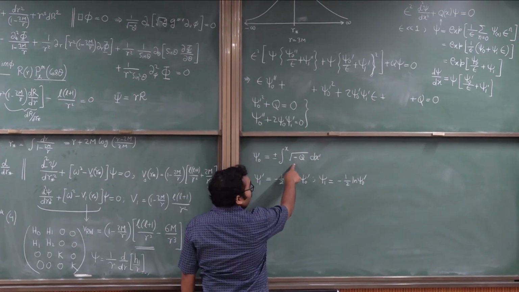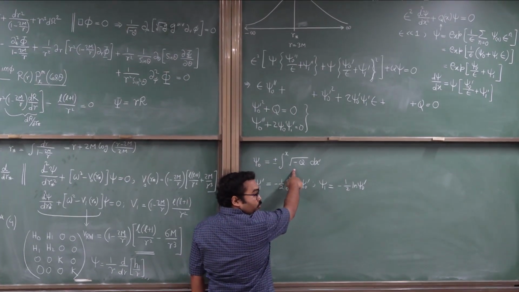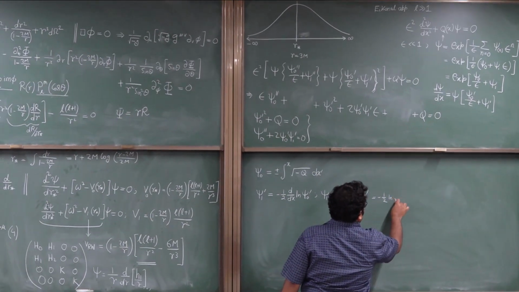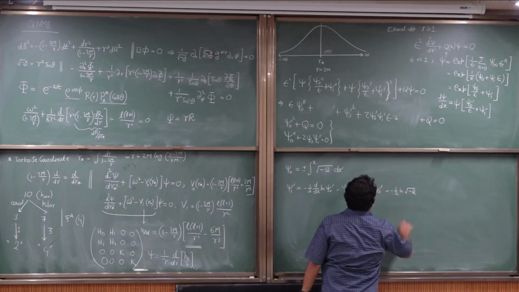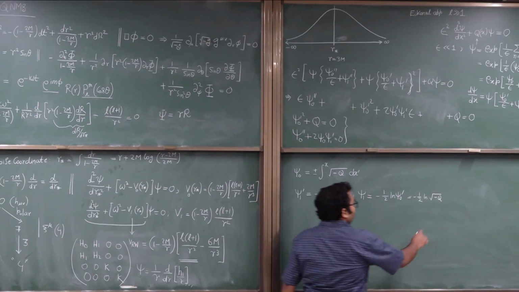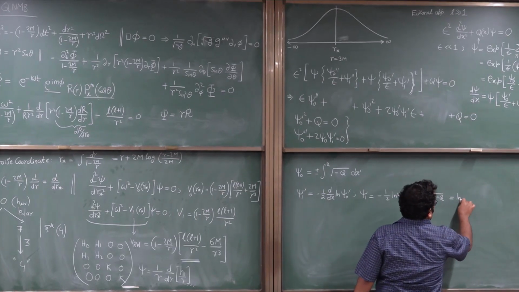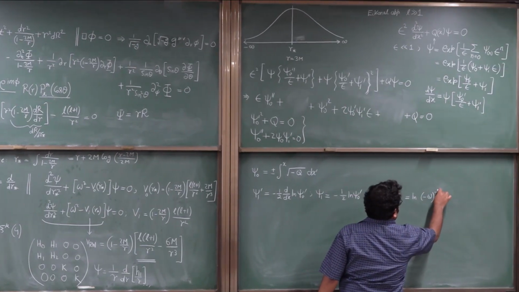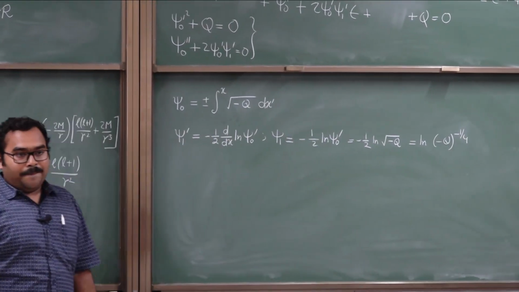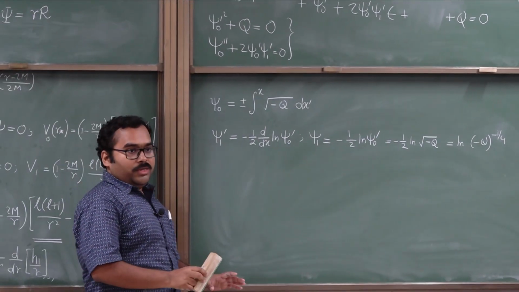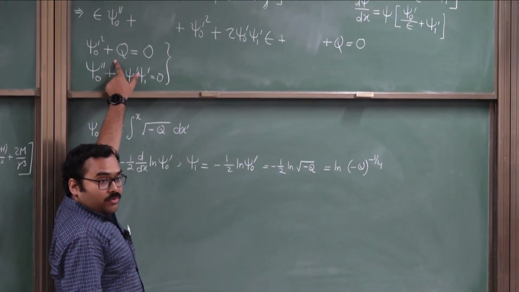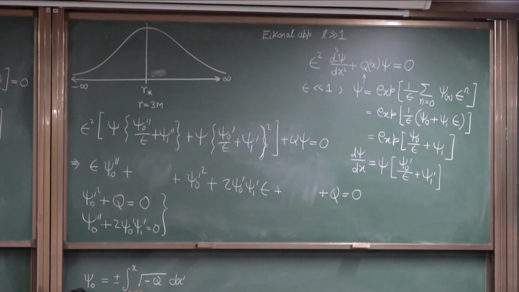Psi naught prime is already square root of minus q. So this becomes minus half log square root of minus q, and that brings it to log of q to the minus 1/4. Okay. Should I explain it again? See, I am solving this equation, first one, which is very easy.